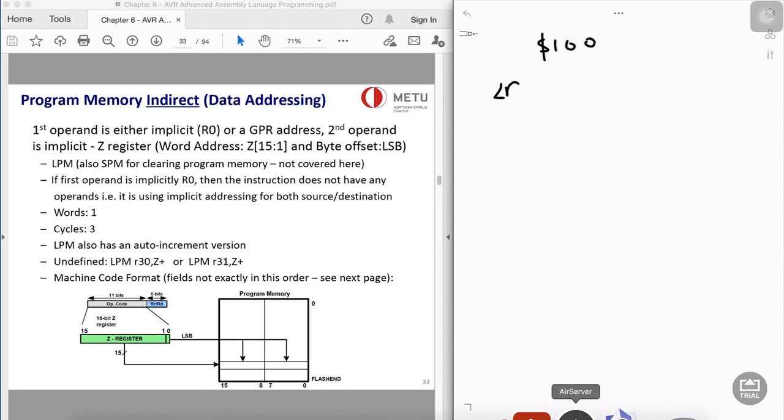So LDI ZH, it's going to be the high byte of it, which is the location 100.